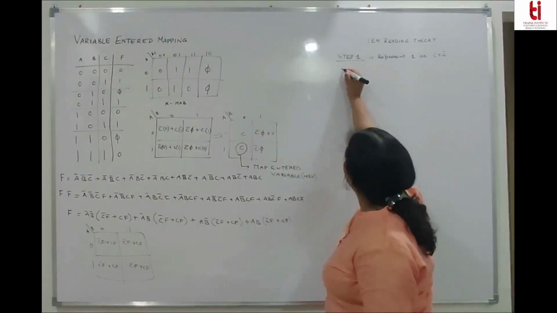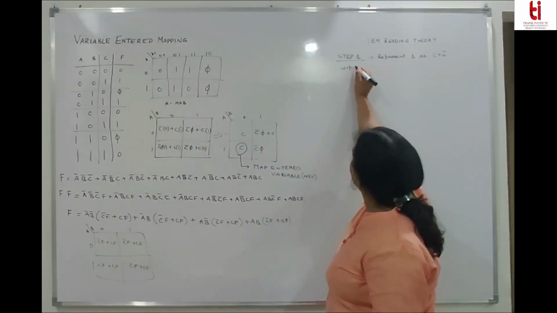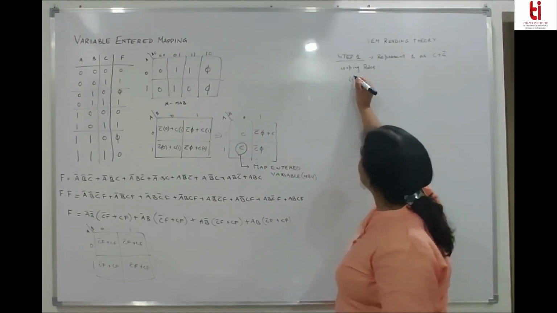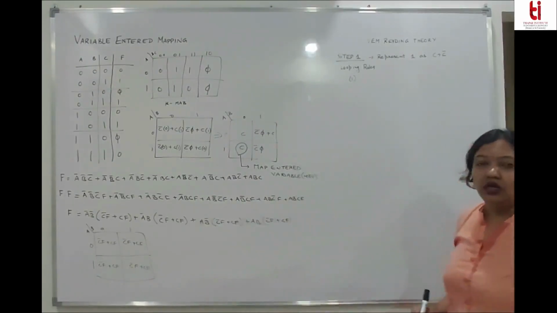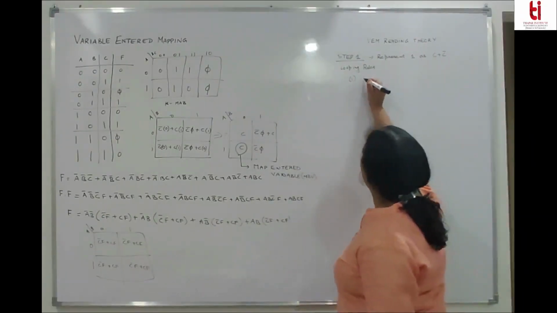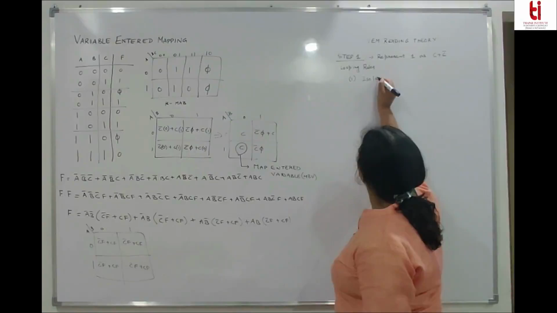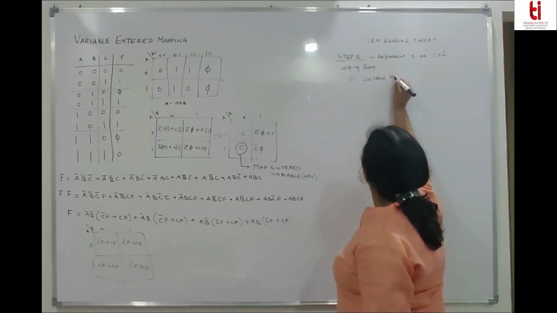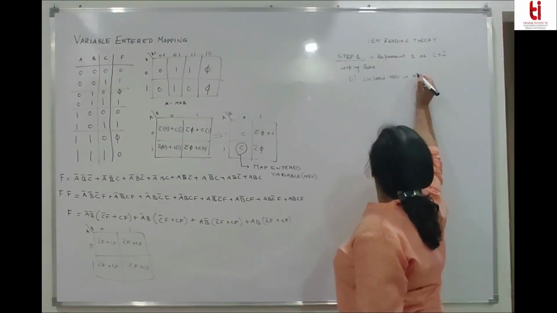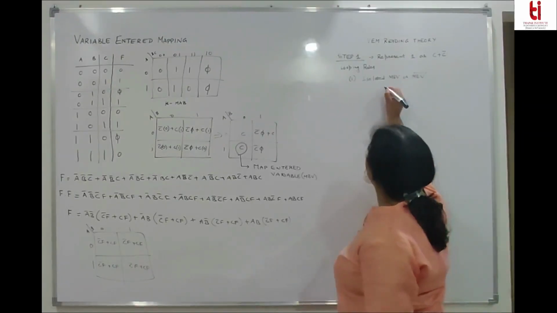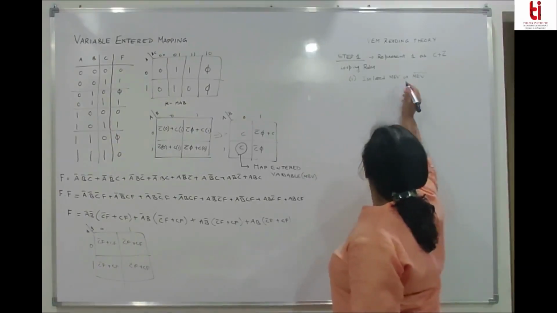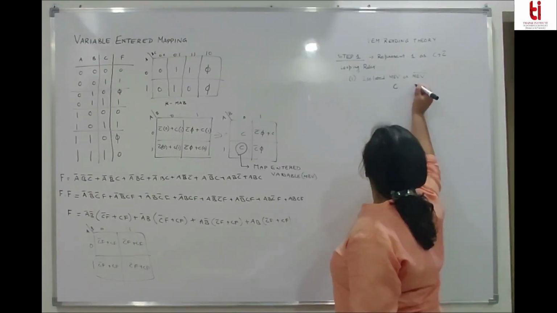Then the looping rules. What are the looping rules in this? First is look for isolated map entered variables, isolated map entered variables or MEV bar. ठीक है, तो अगर आपका variable, if your MEV is C, it can be C or C bar.